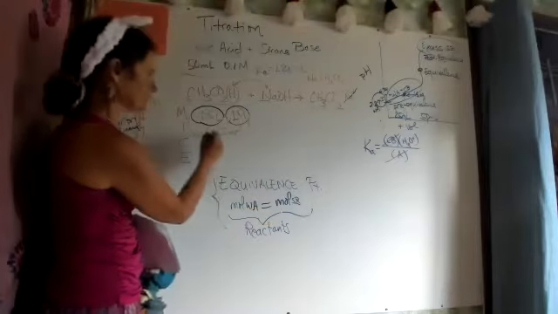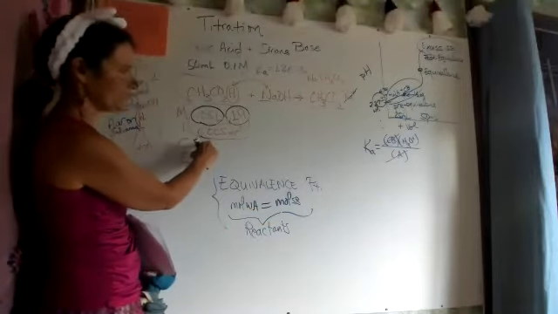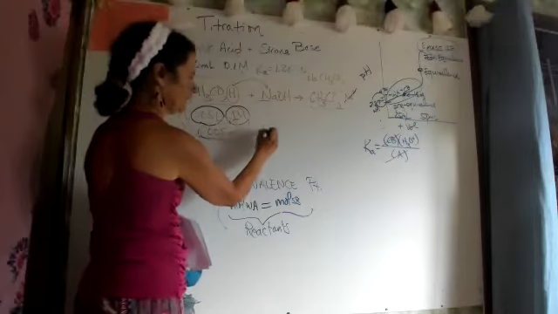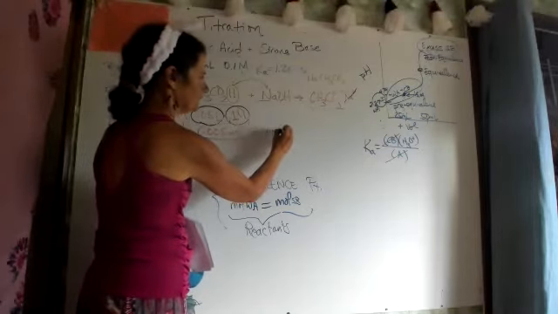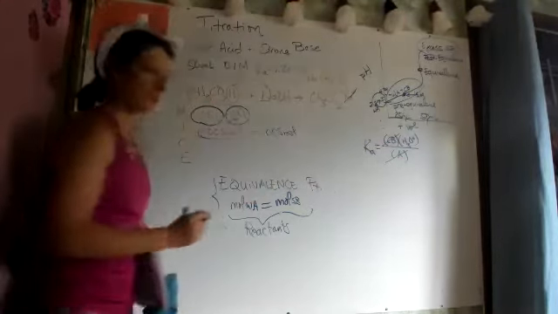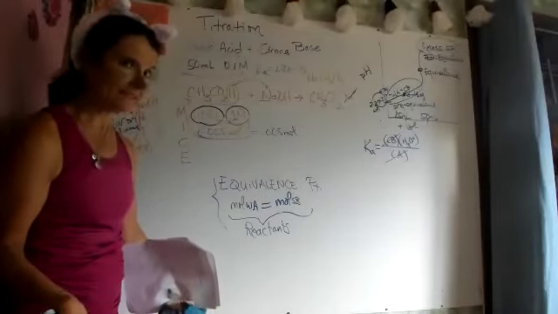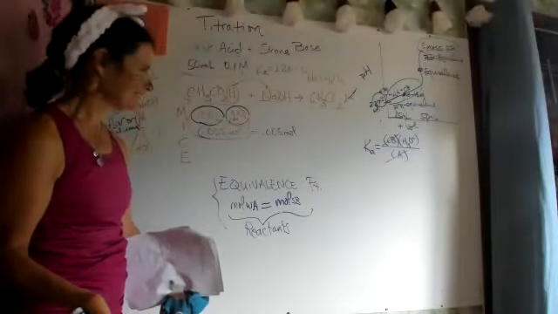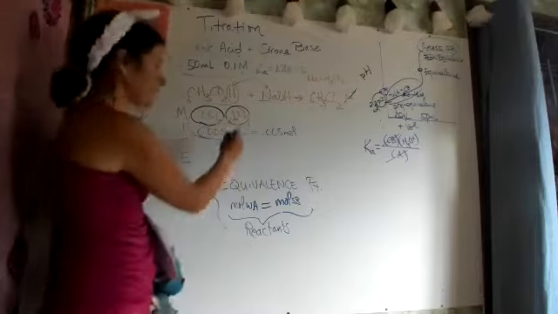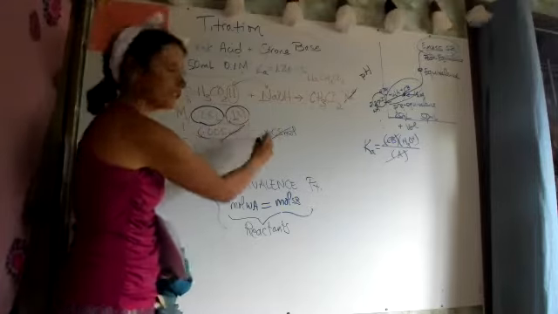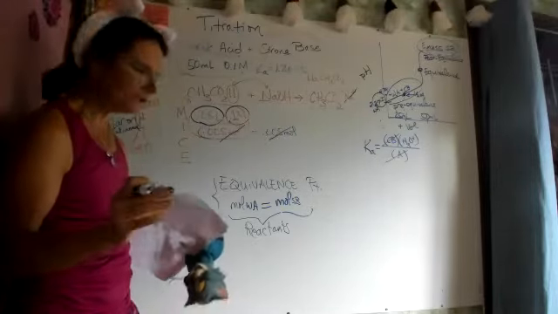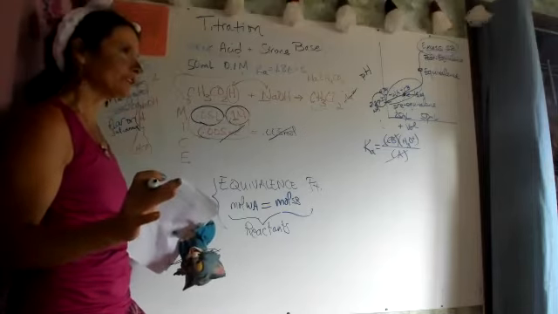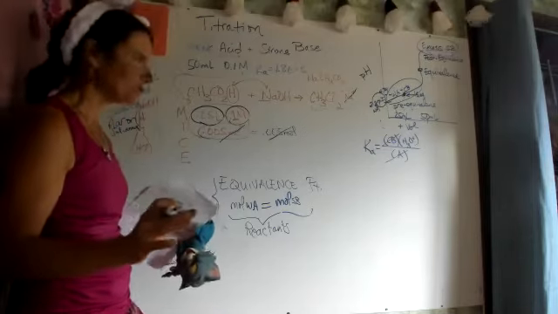So equivalence, these guys are equal. This is 0.005. This is 0.005. What's the limiting reactant? They both are. They are perfection. It's that moment, if you do any kind of balance, we have that moment where there's no fluctuation.